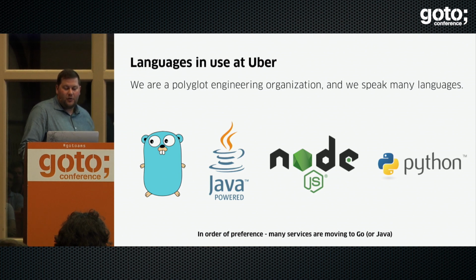But let's talk about how it really started. It started with the freedom of choice. When you're growing super fast, you're hiring many engineers, you want them to be as productive as possible, as fast as possible. They tend to hire their friends. Once you get popular in the open source world, you start to build a community around your projects, and so it becomes easier to hire people who are like-minded, come from your culture.